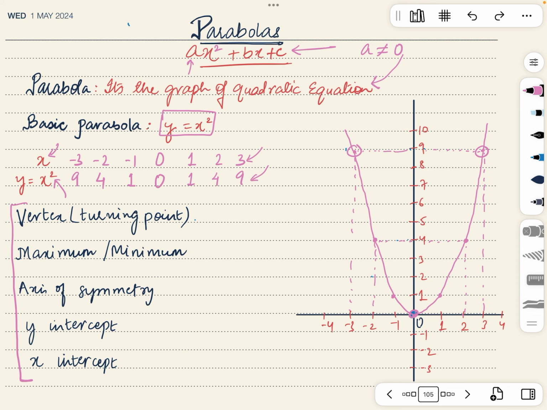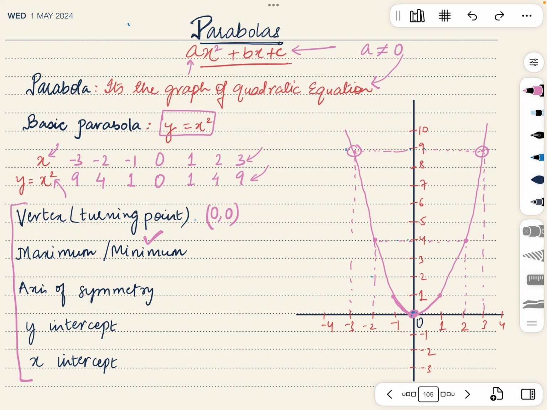The vertex, as you can see, is (0, 0). Vertex means where the parabola changes its direction. Its direction changes at this point. That is the vertex. Then it is a minimum parabola, as I already told you. This is a minima point.